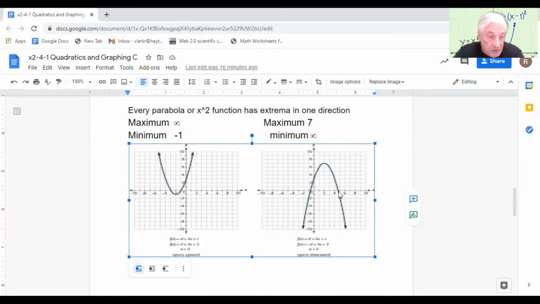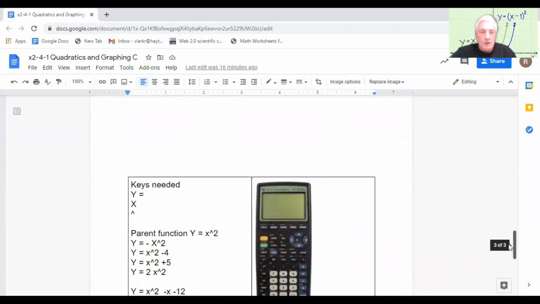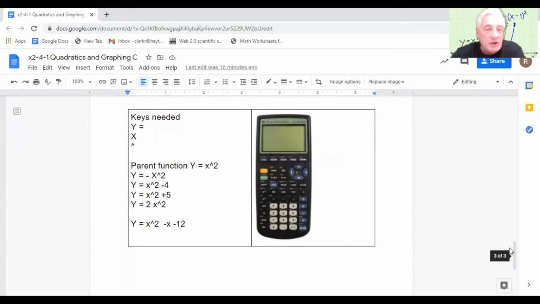We'll have to solve it some other way. But if it crosses the axis at 7 and at 3, we can find that equation.